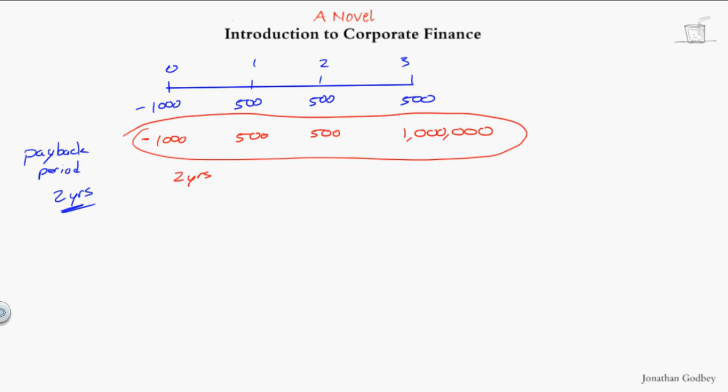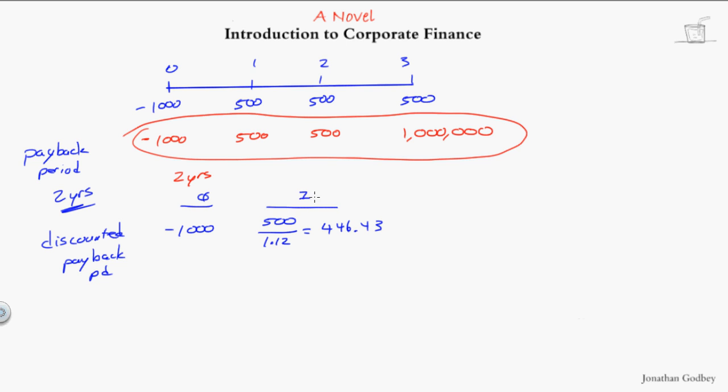So some people came up with what they call the discounted payback period. And it works like this. I have my minus 1,000, and then the 500 divided by 1.12 in the first year, which is equal to 446.43. So this is time 0, this is year 1.